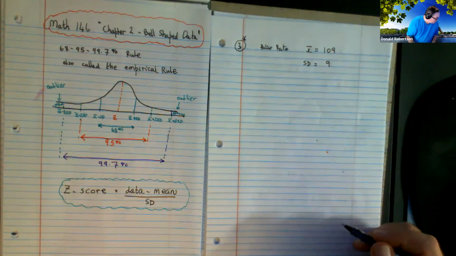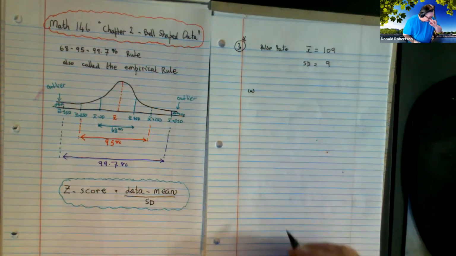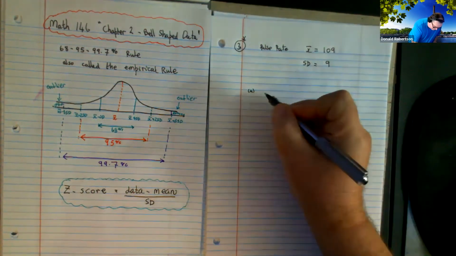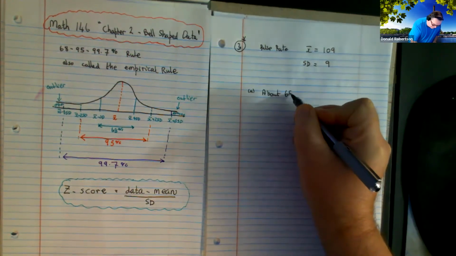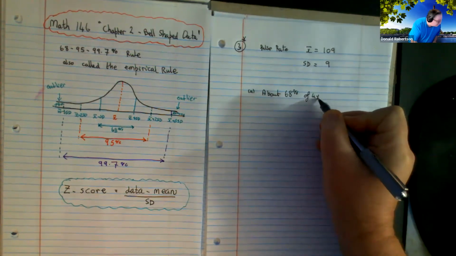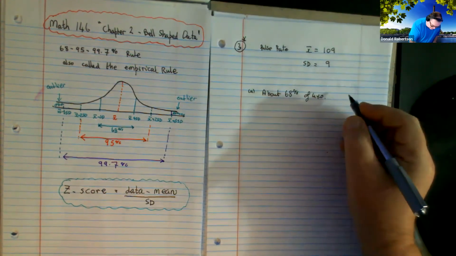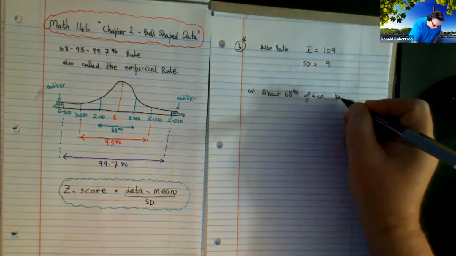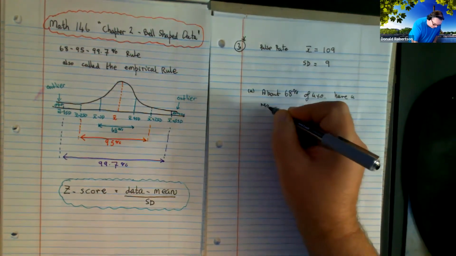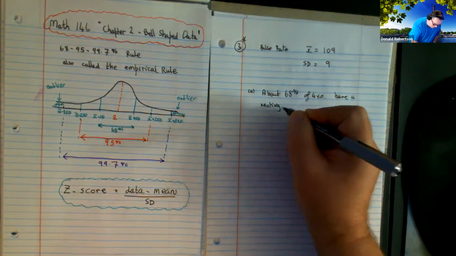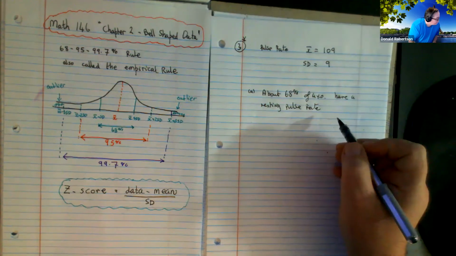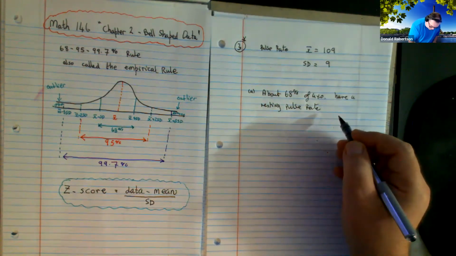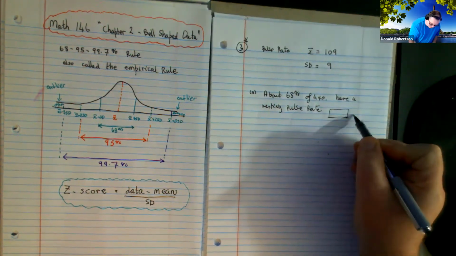And the question basically just asks you 3 things. This is the way it's phrased: about 68% of 4-year-olds have a resting pulse rate from there to there.